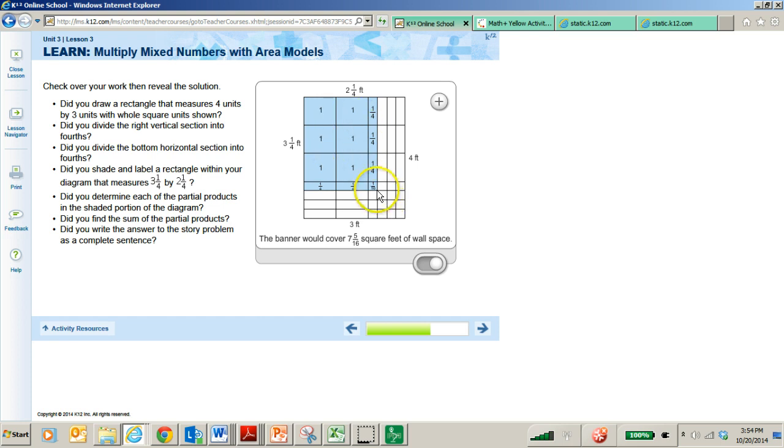Here again, we have one that has a 16th, the rest are fourths, and then we have wholes. Well, we could encourage our students to turn all of these into 16ths. I know that 4 over 16 is still going to be 1/4, so I could divide this out, and then I could have 16 over 16 here, so we could count up all the 16ths and figure that out.